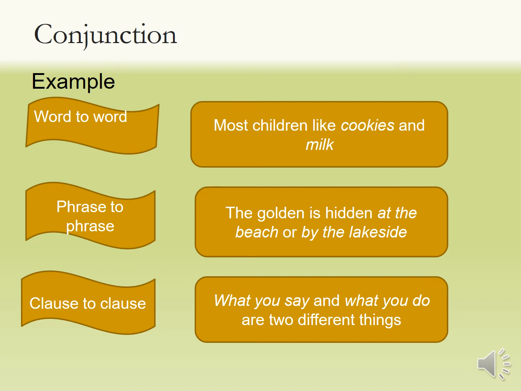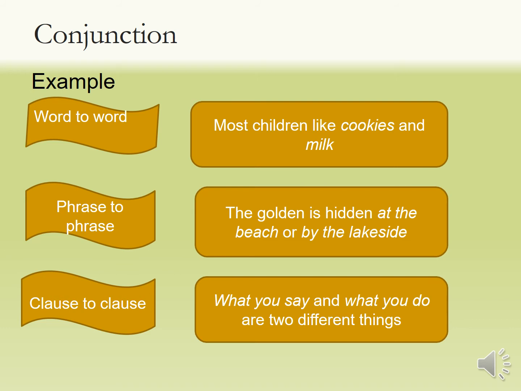Here is the concept of a conjunction, just like "and": cookies and milk. Cookies and milk are two different words, but they are associated with the use of a conjunction. After that we have the phrase to phrase structure: the golden is hidden at the beach or by the lakeside. So at the beach or by the lakeside, the association of conjunction is found here.